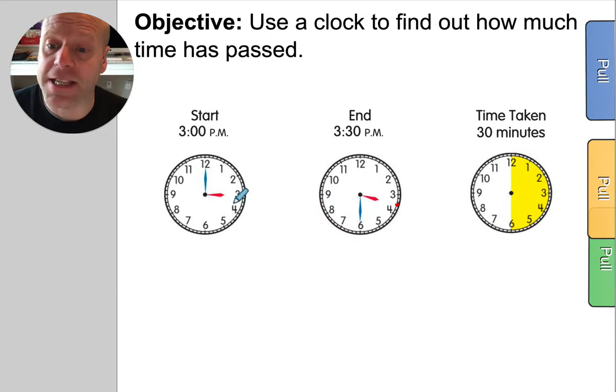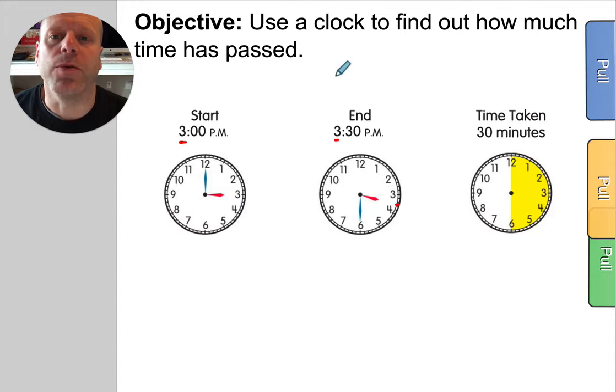So in this case, the 3 doesn't change at all. The 3 is the same on both clocks. What really is changing is we're getting closer and closer to 4. We're getting minutes and minutes closer to 4. How many minutes changed? Well, the blue hand started at the 12.